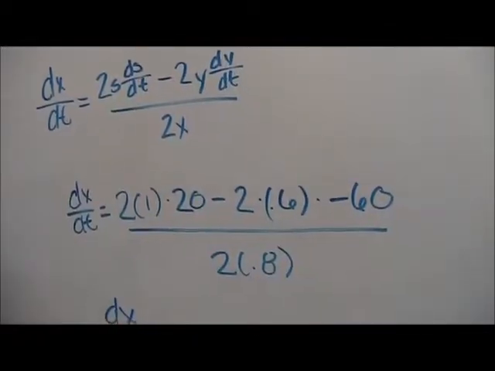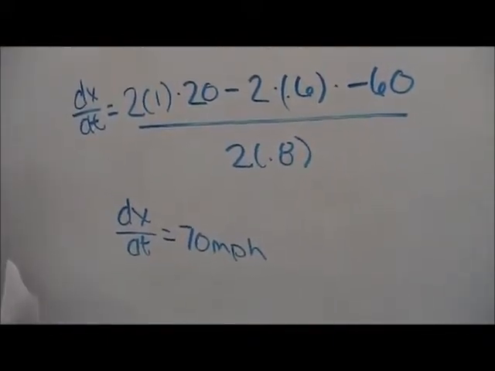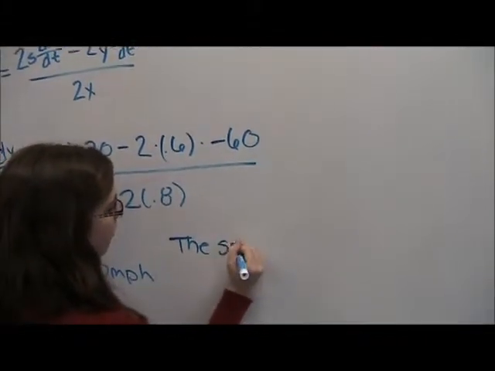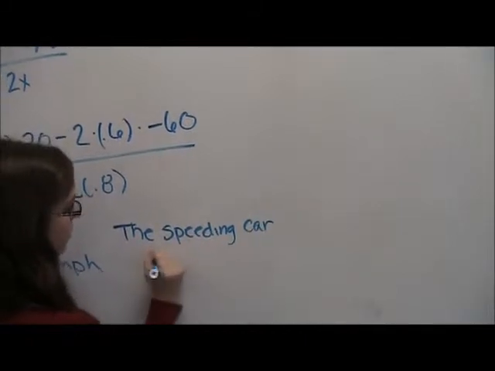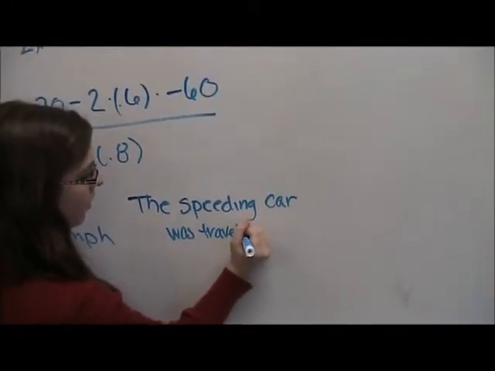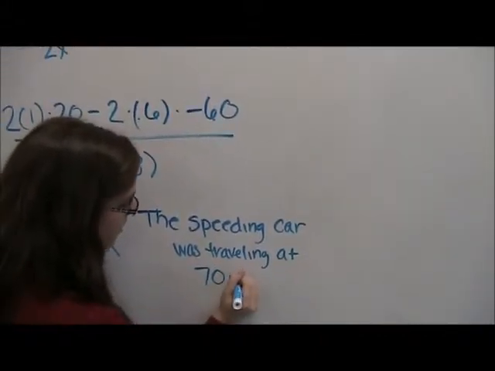And once you solve, dx/dt equals 70 miles per hour. And then you can interpret: the speeding car was traveling at 70 miles per hour.